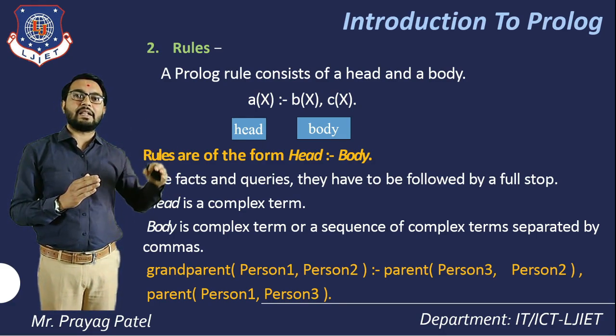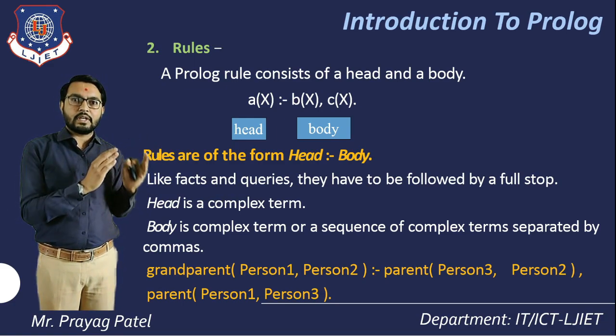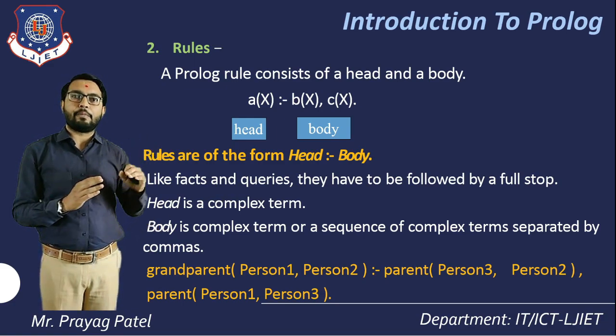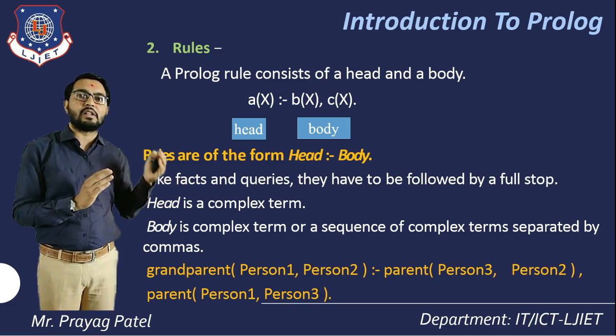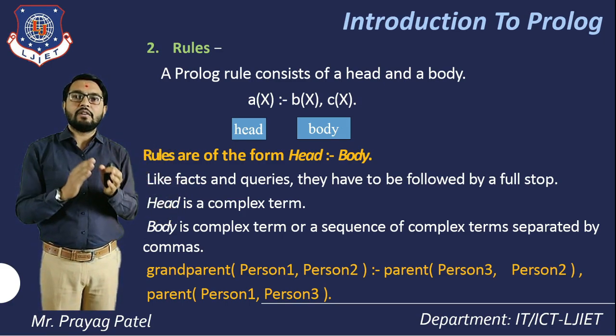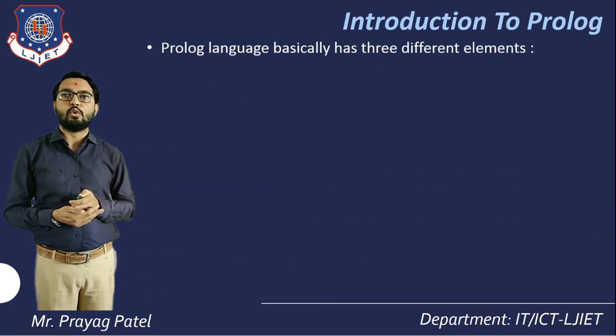So first we satisfy the right side part. So first part is person 3 is a parent of person 2 and person 1 is a parent of person 3. Then person 1 is a grandparent of person 2. So this is a rule.